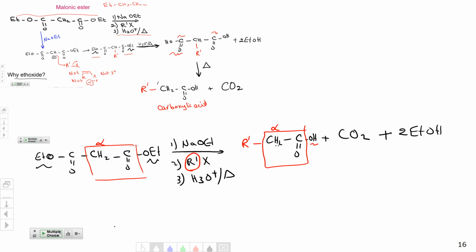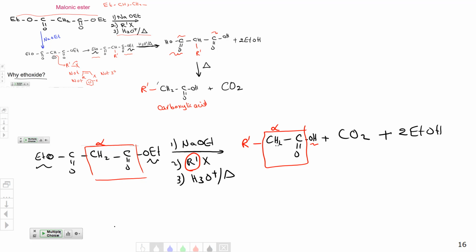In other words, you can predict the answer without going through the steps. If you have these 3 very typical steps, all that you have to think about is that you're going to end up with a carboxylic acid and an alpha carbon. The alkyl halide, the R prime of the alkyl halide, as long as it isn't tertiary, phenyl or vinyl, is going to be on the alpha, and then CO2 plus ethanol.